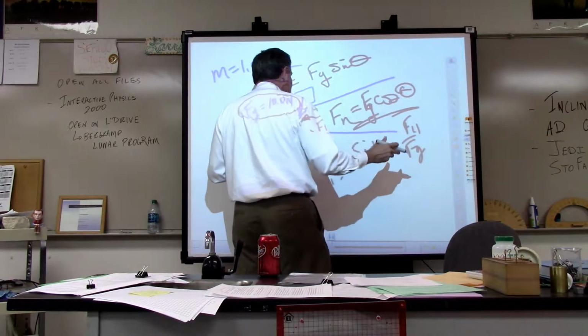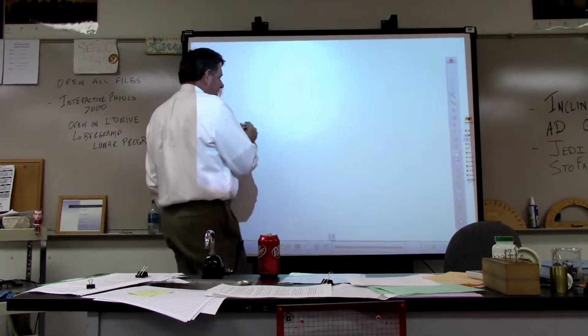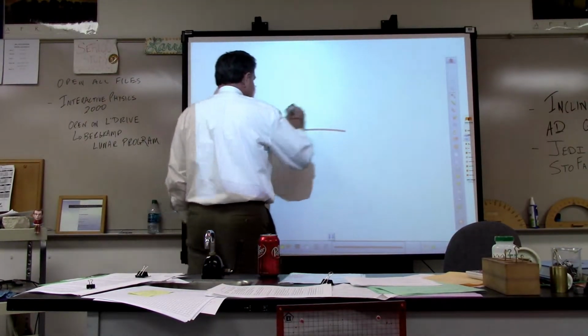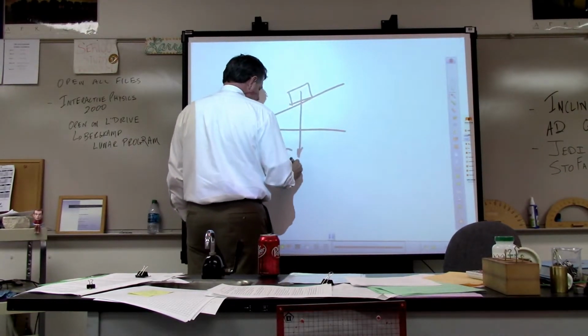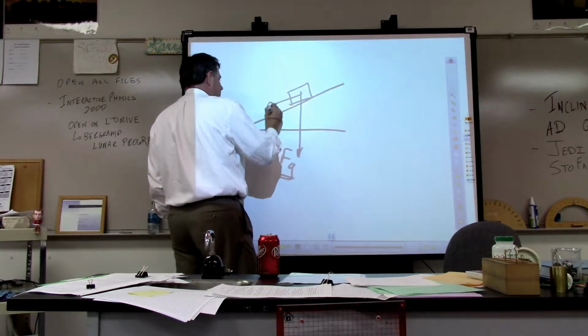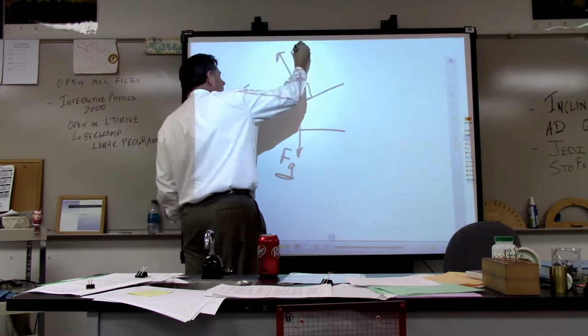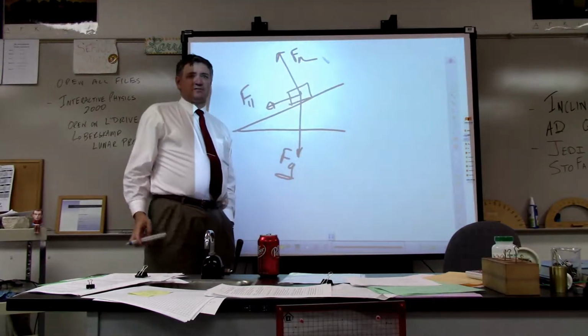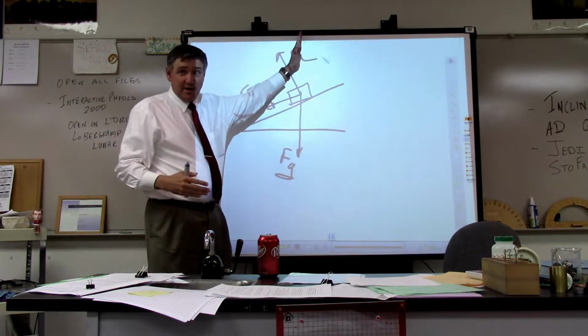Okay. Now, here's the other way that you can draw this, and I don't care how you do this. The other option is that you draw the block, you draw the Fg like this, you put your force parallel like this, and then you draw your force normal coming up like this. But if you're going to do this, this normal force doesn't point straight up.